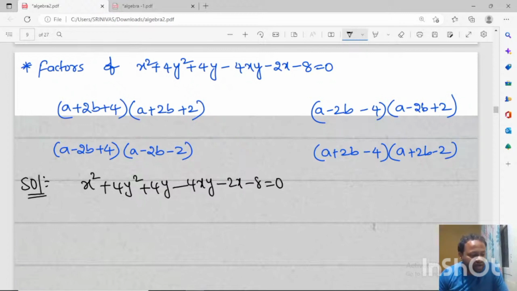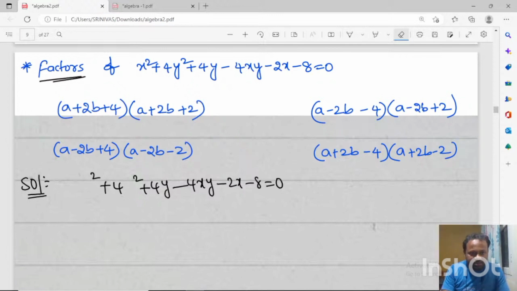We need to find the factors. What will be the factors? Here the question is given differently, but the answers are different. Let me change the question.